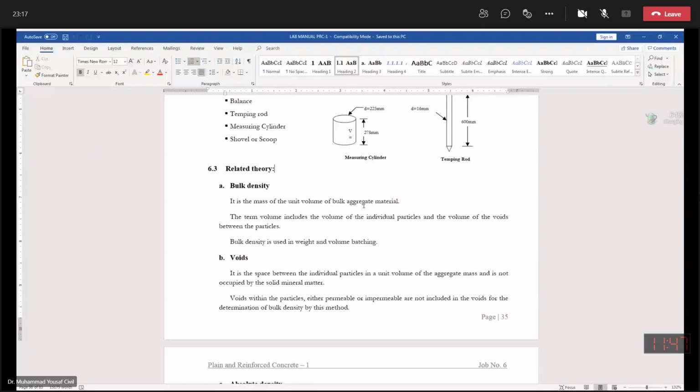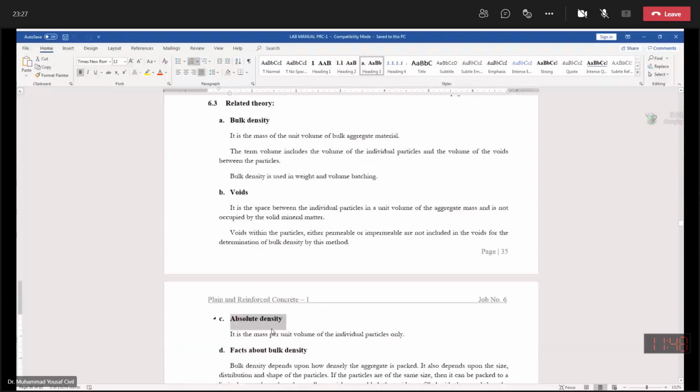There is another terminology, absolute density, which is the mass per unit volume of individual particles. This means you will negate the presence of the voids between the particles. There are voids within the aggregate particles as well, and the material becomes permeable.